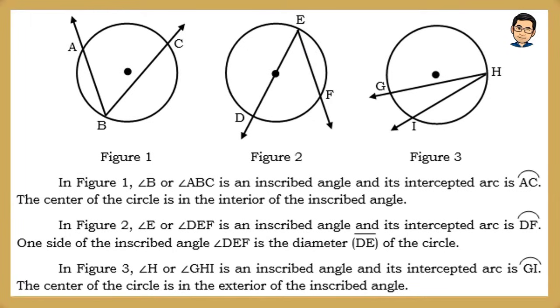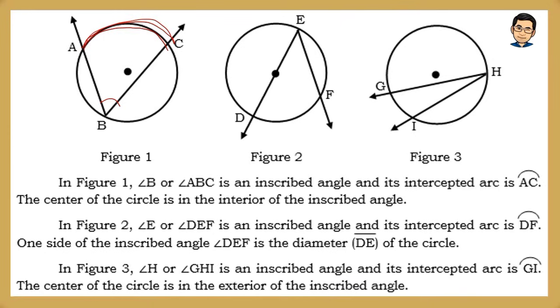We have here three illustrations of an inscribed angle together with its intercepted arc. In figure 1, angle B, or angle ABC (by the way, we can name an angle using the vertex or using the three letters), is an inscribed angle and its intercepted arc is arc AC.